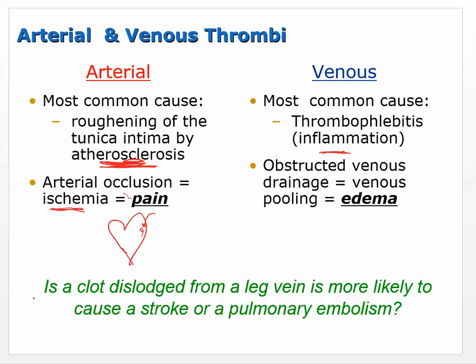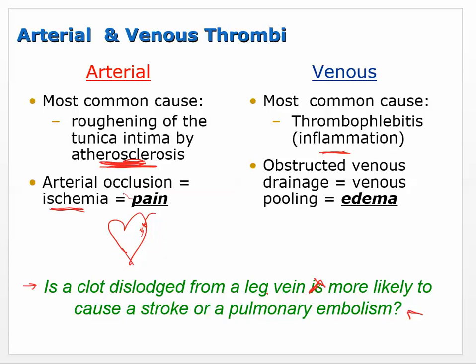Okay, so here's this question. We've already addressed this in other lectures, but is a clot dislodged from a leg vein more likely to cause a stroke or a pulmonary embolism? Well, if it's from a vein, its next stop is the right atrium, then the right ventricle, and from the right ventricle it's going to the lungs.